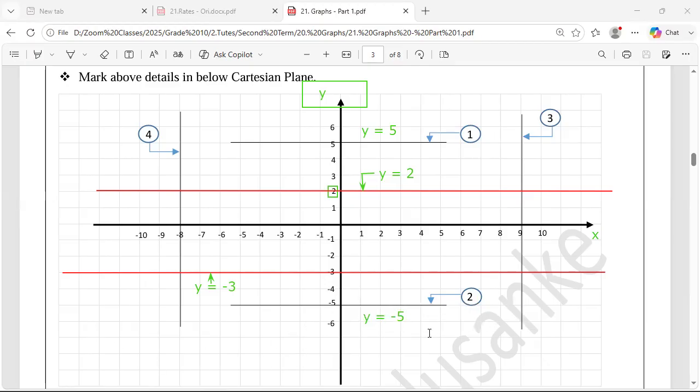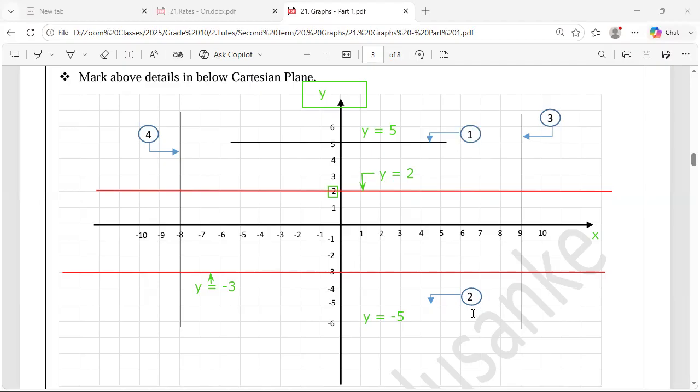Similarly, the line passes through the y-axis, so y equals something, and the point is y equals 2.